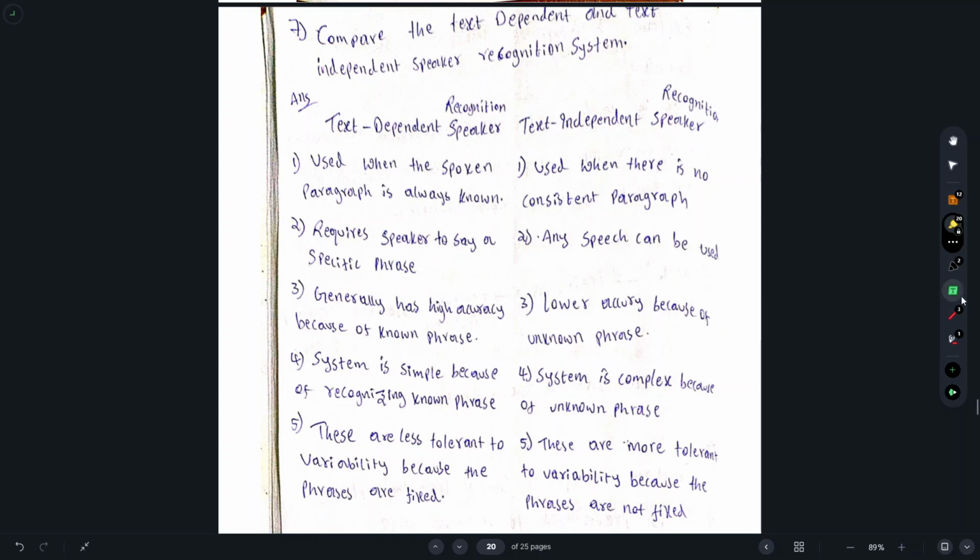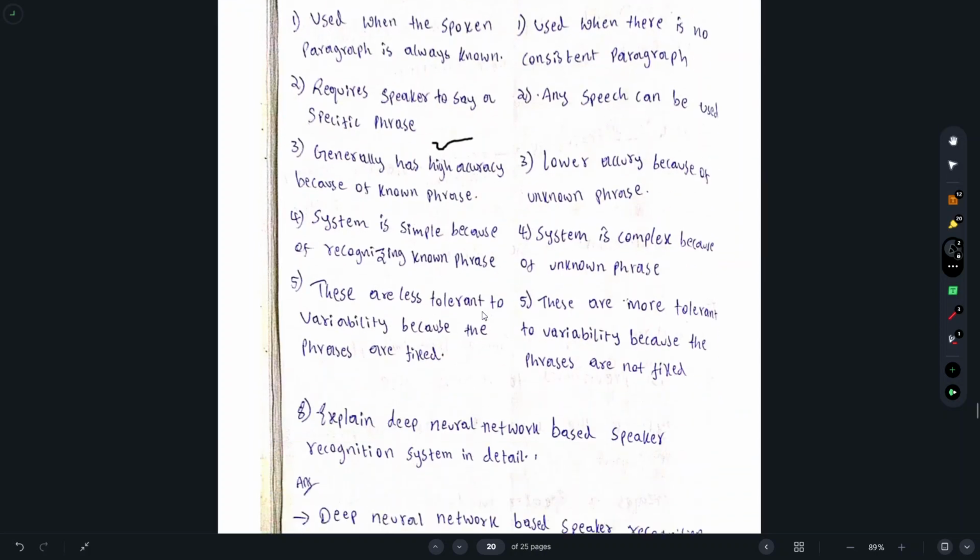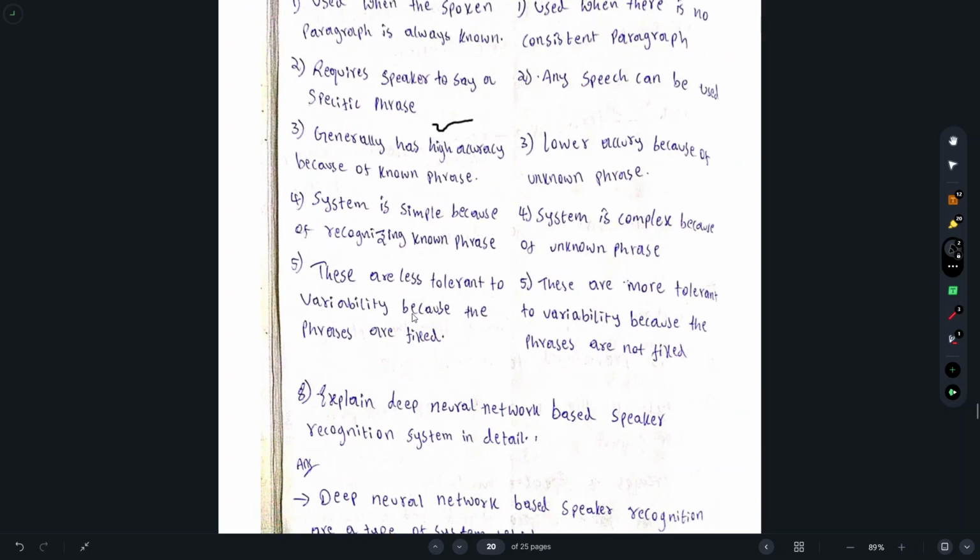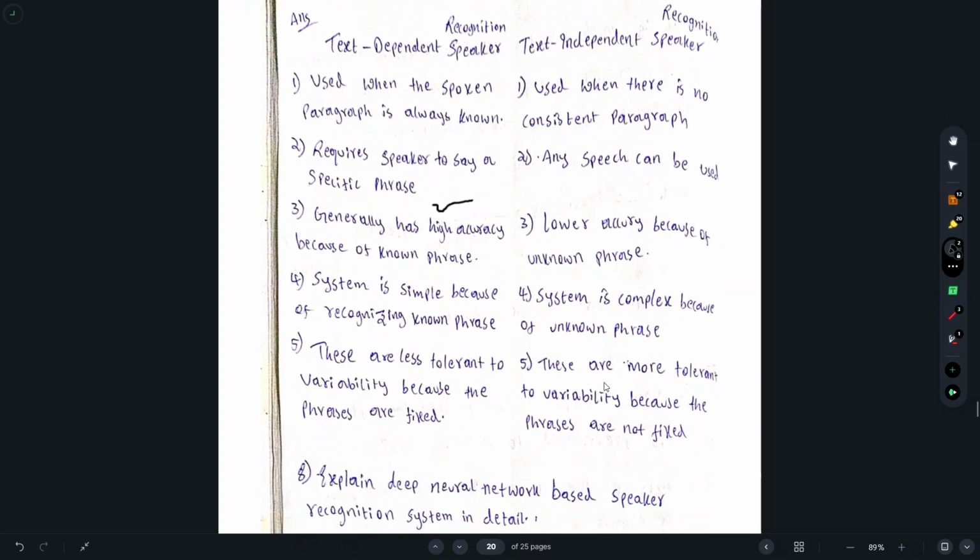Text-dependent generally has high accuracy because of a known phrase; text-independent has lower accuracy because it takes some time to recognize that particular person. The system is simple because of recognizing a known phrase, whereas here the system is complex because of an unknown phrase. Text-dependent systems are less tolerant to variability because the phrases are fixed, whereas text-independent handles more complex variability because we don't know what the user speaks every time he wants to unlock the device.